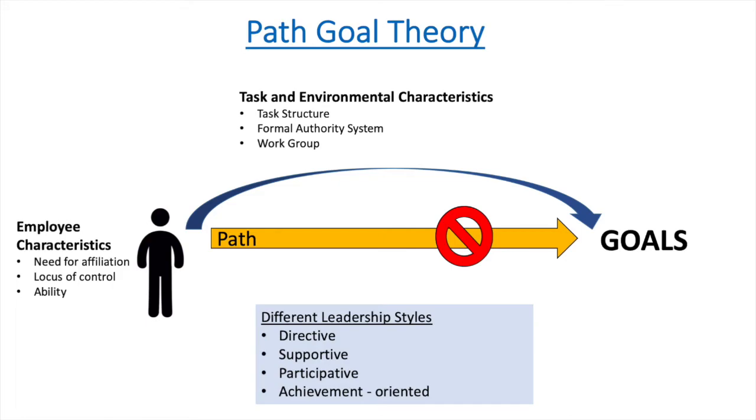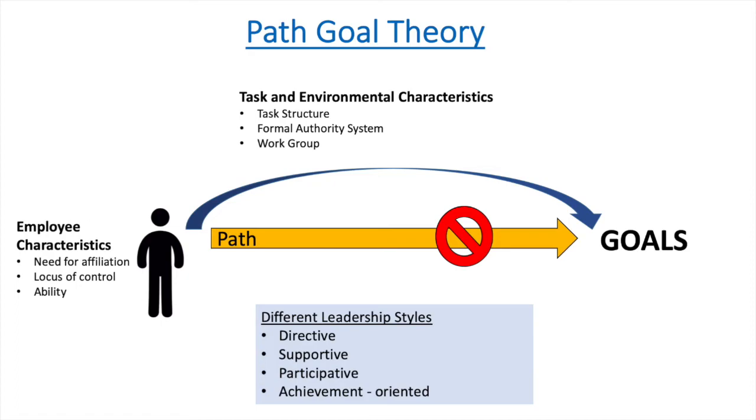So if the formal authority system is quite robust, strict, and straightforward, then you should really avoid a directive style. In this situation, you might use more of a participative style or an achievement-oriented style as well. But if the formal authority system is not clear, then the directive style will be appropriate.